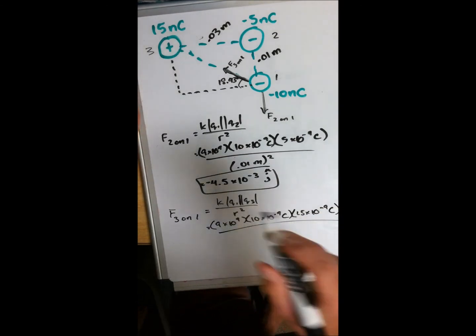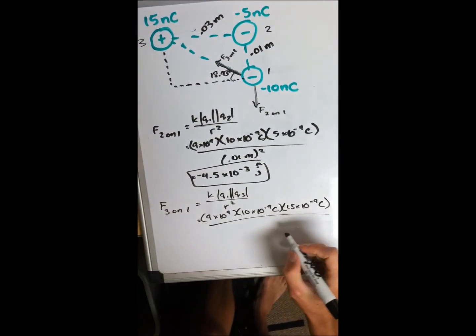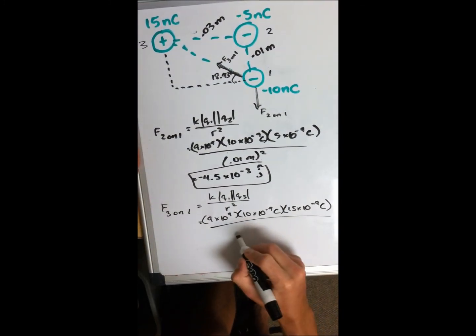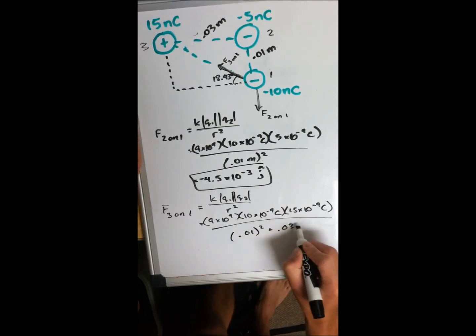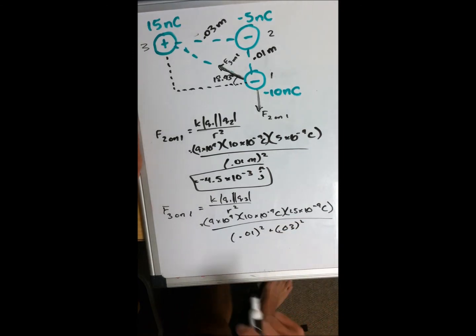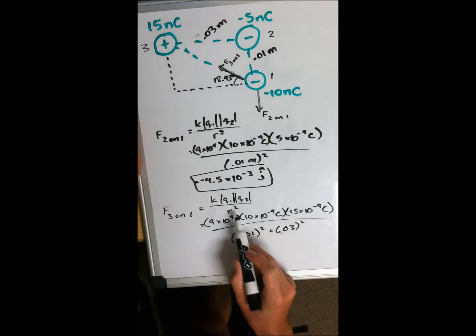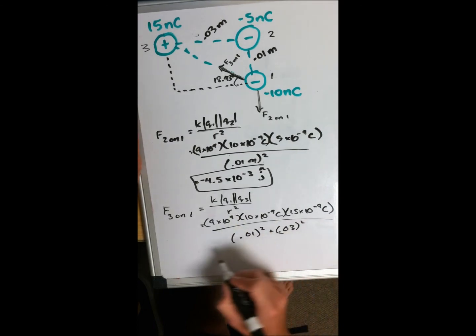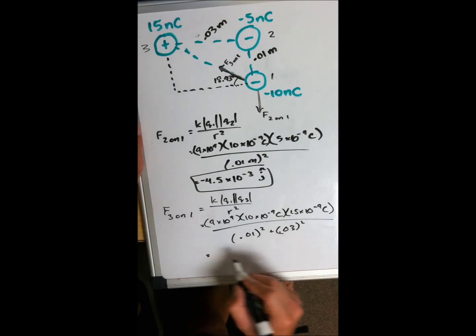The radius here is the hypotenuse of this right triangle, and we will get 0.01 squared plus 0.03 squared. Typically the hypotenuse is going to be the square root of it, correct? But this r squared value is going to cancel that out, and we're going to be left with just that radius.